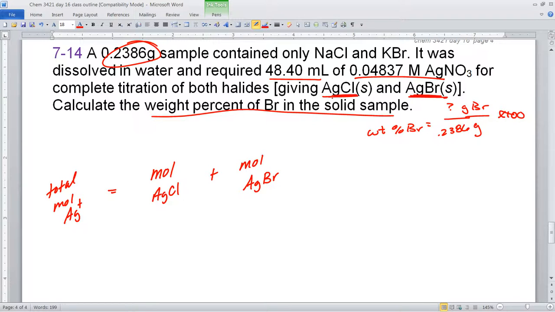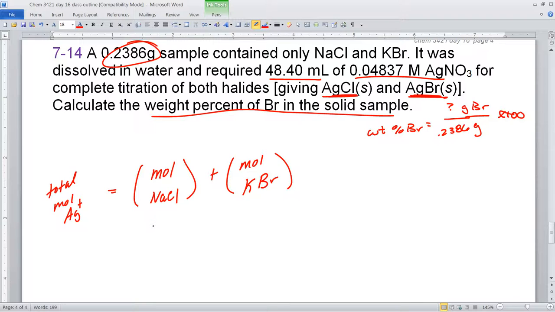Now, realize that the moles of silver chloride is the same as the number of moles of chloride, and that's the same as the number of moles of sodium chloride. Just like the moles of silver bromide is the same as the moles of bromine, which is the same as the moles of potassium bromide, because all those are 1 to 1.